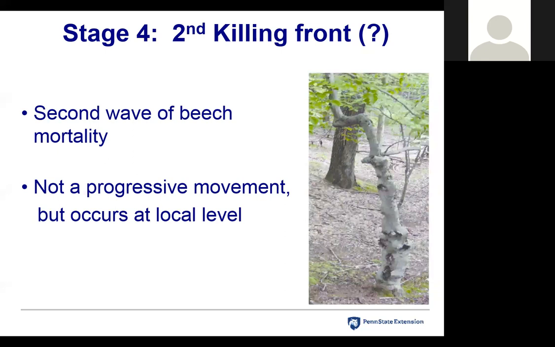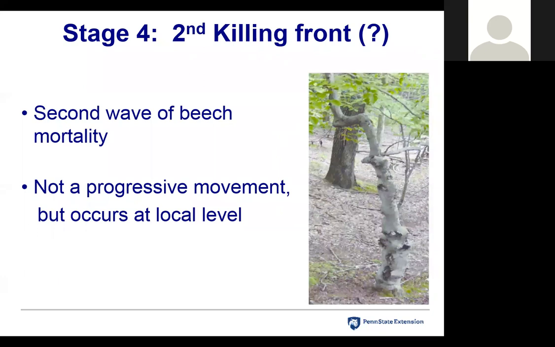This has really been observed in Maine, and obviously in those areas that have dealt with beech bark disease for a long time, unfortunately they're now starting to see a second wave of beech mortality. So all of those root suckers and beech thickets that were left untreated and left to develop into mid-story classes are now starting to succumb to a second wave of the beech bark disease.